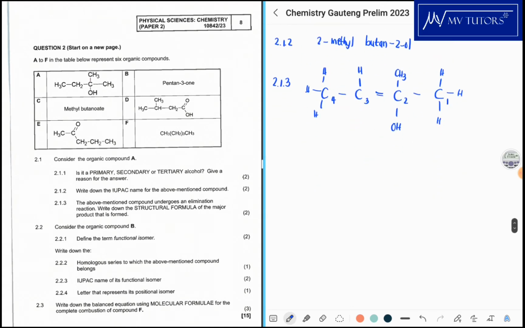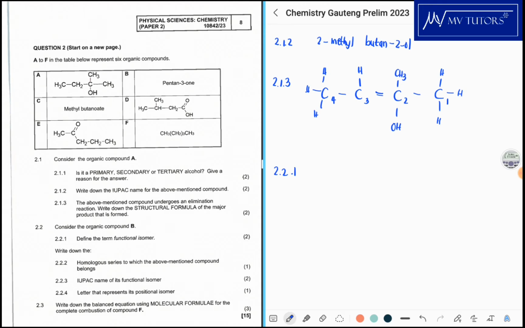Now we can go over to 2.2. It says consider the organic compound B. So that's pentan-3-one, our ketone with a double bond to oxygen on the third carbon. 2.2.1: Define the term functional isomer.